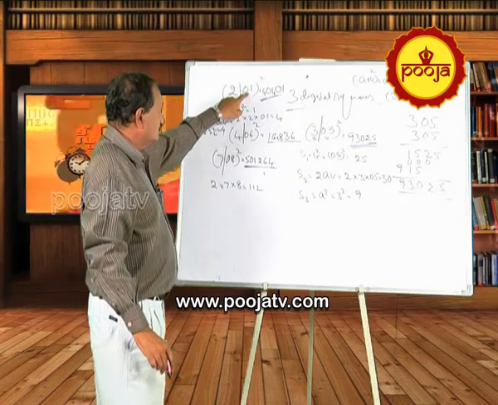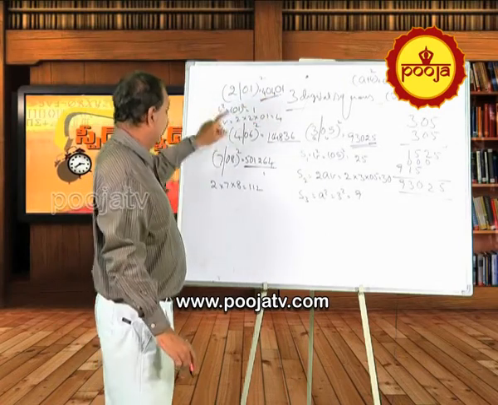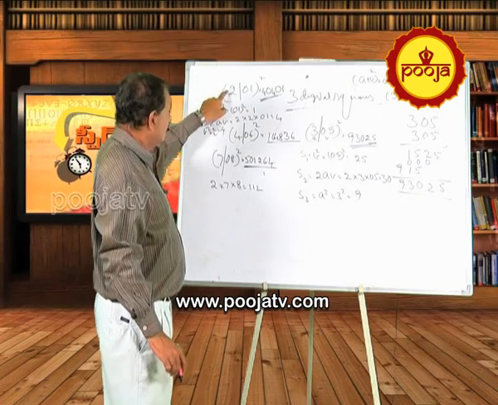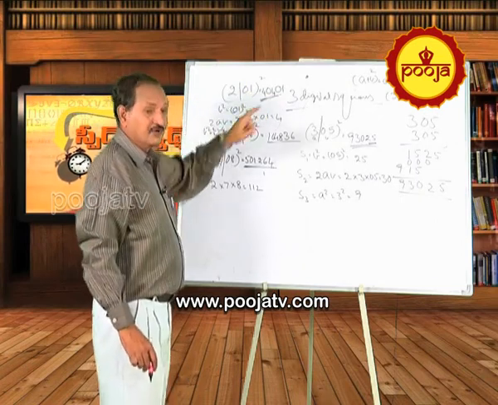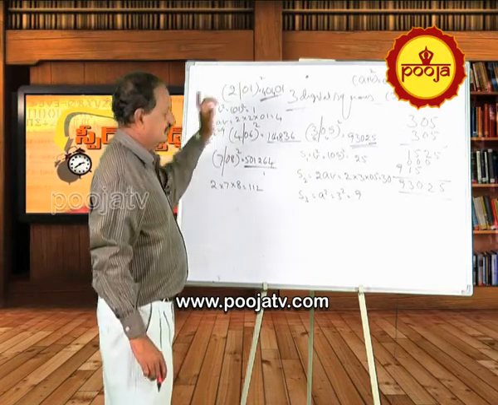Again 01 square, 01 square is 1, but you have to write it as 01. Again 2ab, 2 into 2 is 4, 4 into 1 is 4, you have to write it as 04, right. Next 2 square 4, like this.